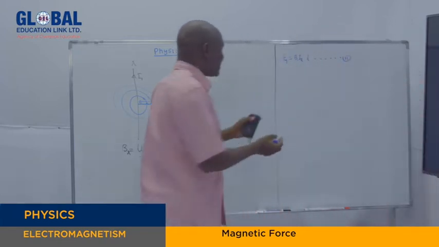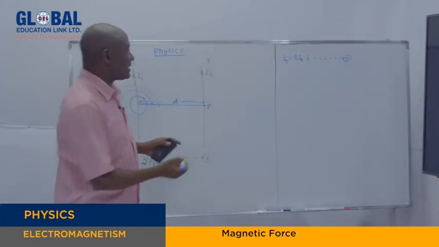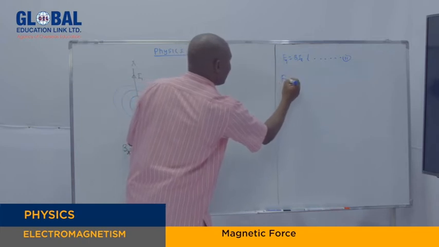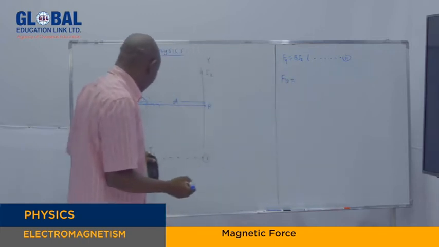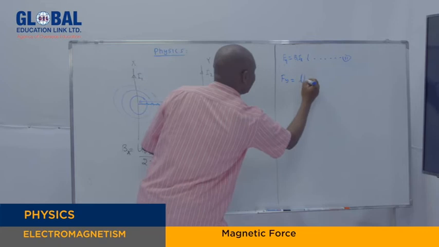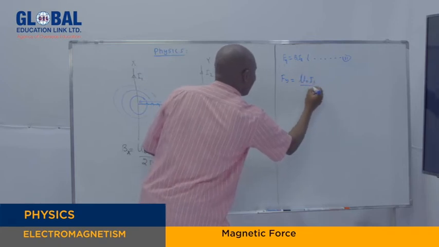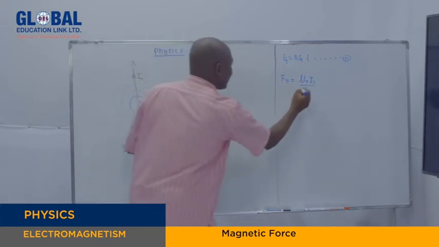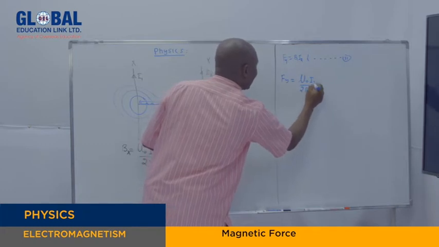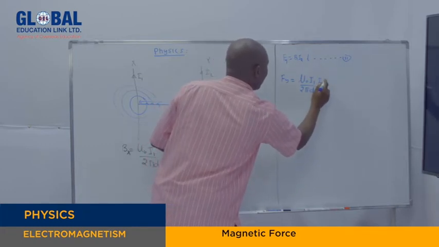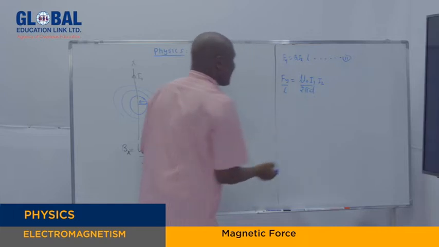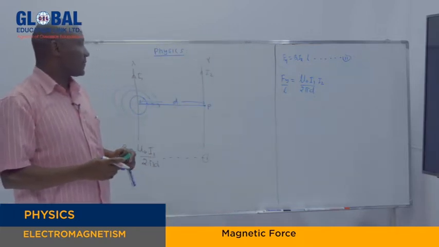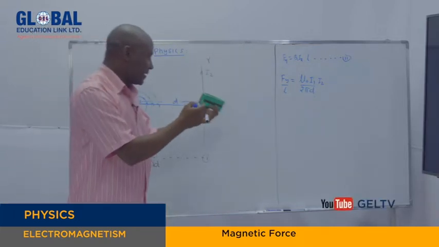If you substitute equation number 1 into 2, you find that the force on the wire is given by mu I1 over 2 pi d times I2. And then sometimes we talk of force per unit length. So that is the formula.